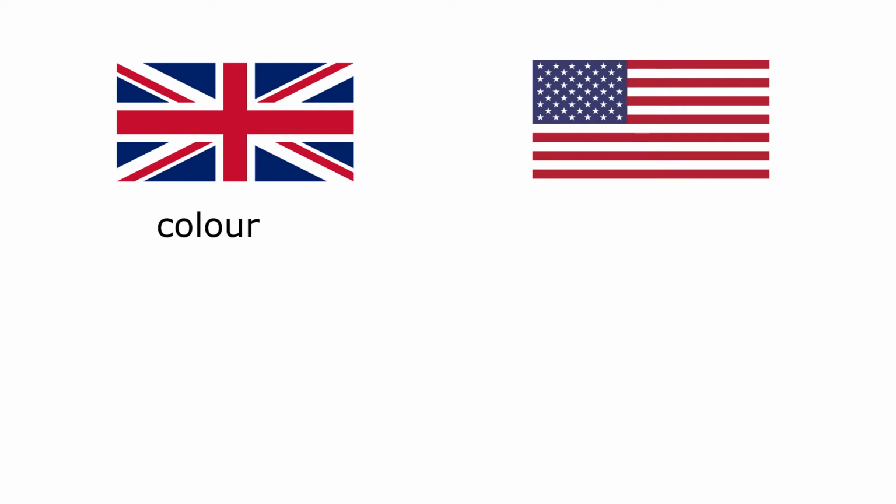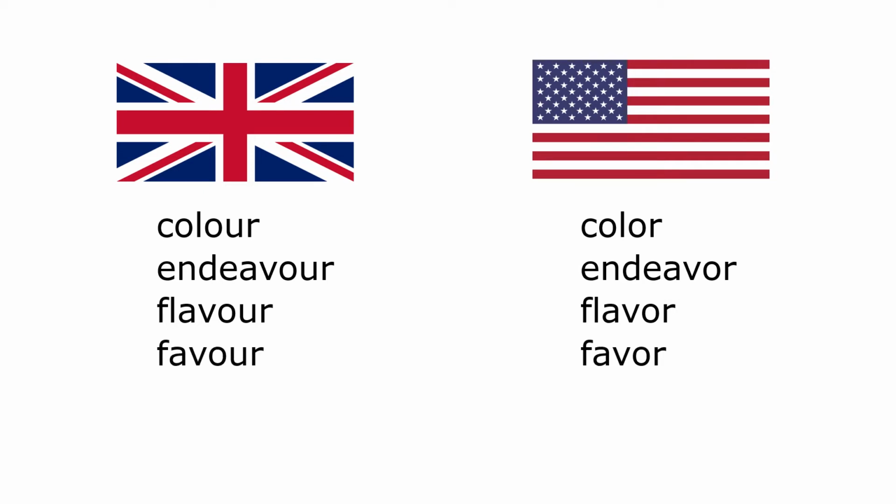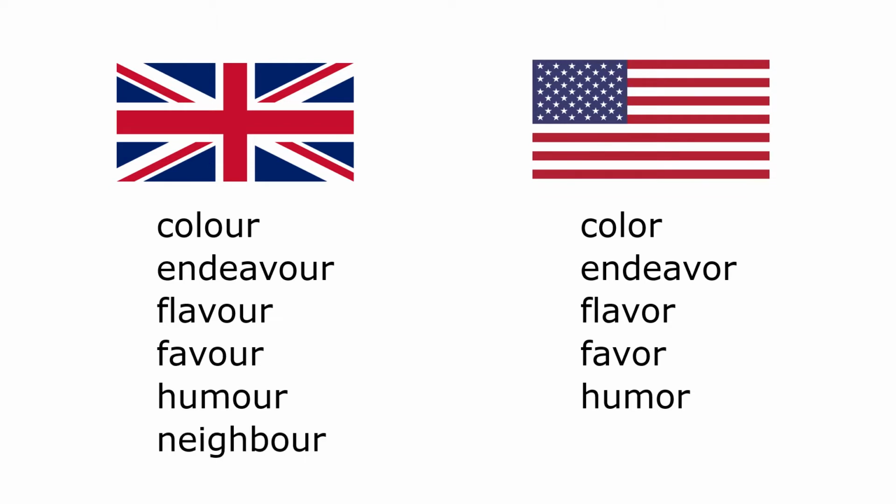So first, colour, endeavour, flavour, favour, humour, neighbour. So can you see the difference? The British English uses the O-U-R at the end, whereas the American English uses the O-R at the end.